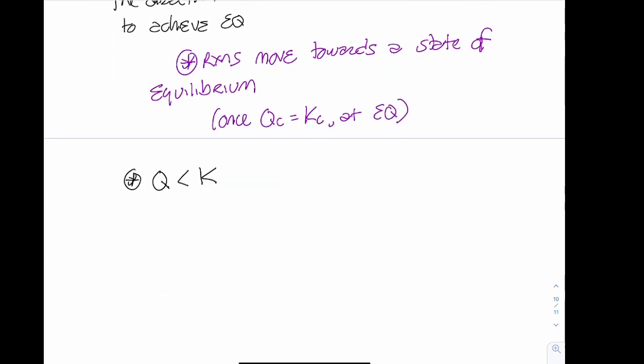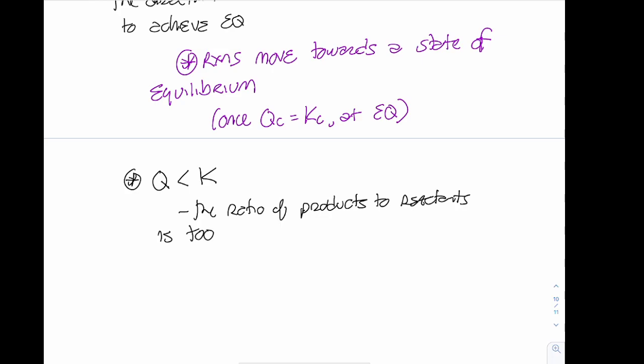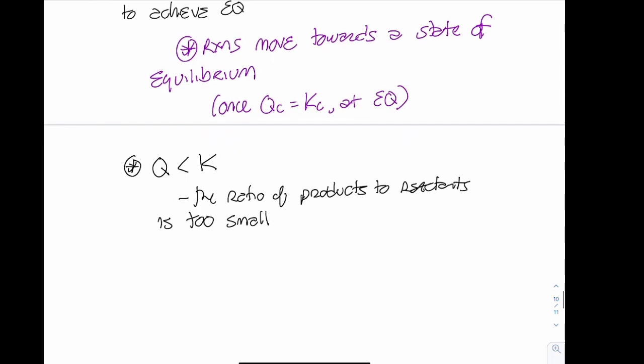So if Q is less than K, the ratio of products to reactants, remember, it's products on top, reactants on the bottom, and that ratio is too small. So to reach equilibrium, we need more products.